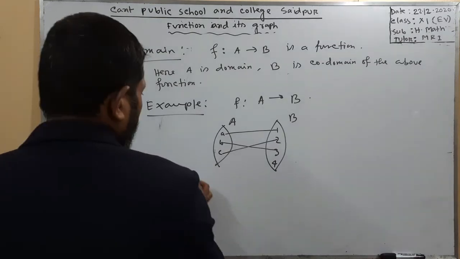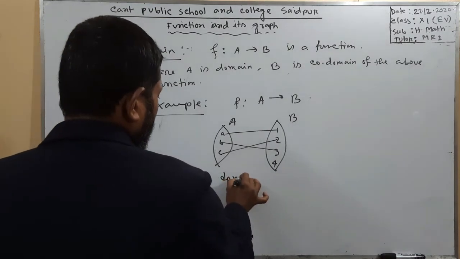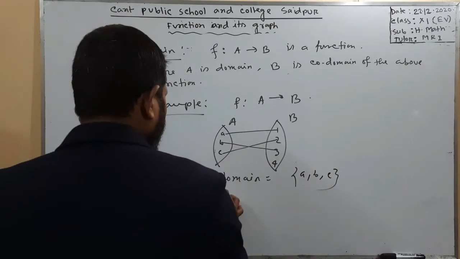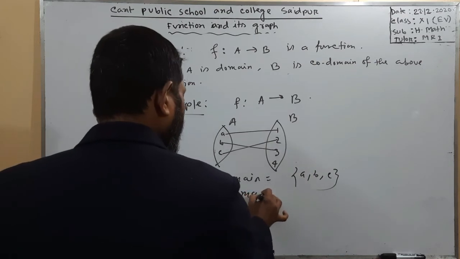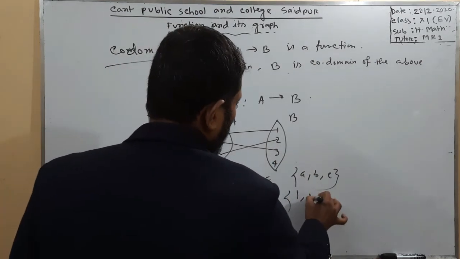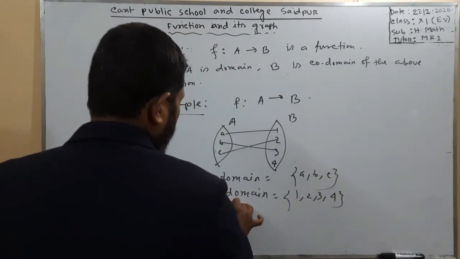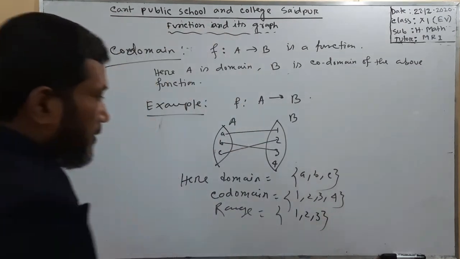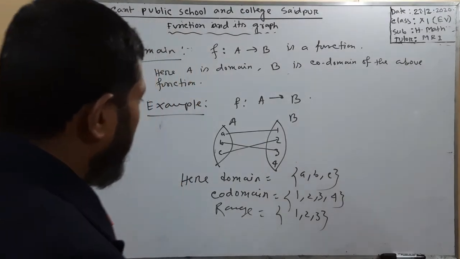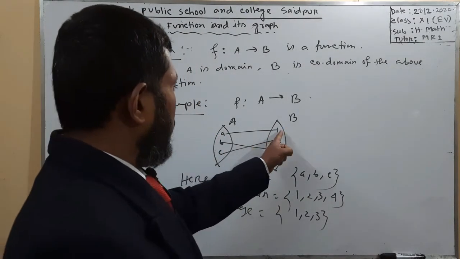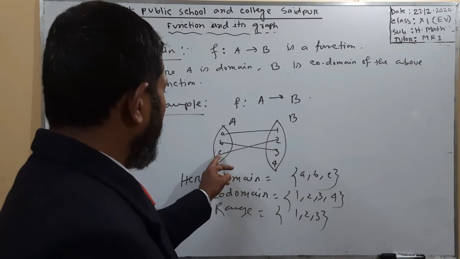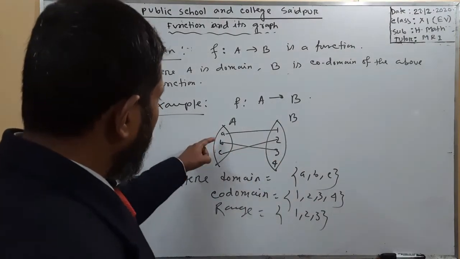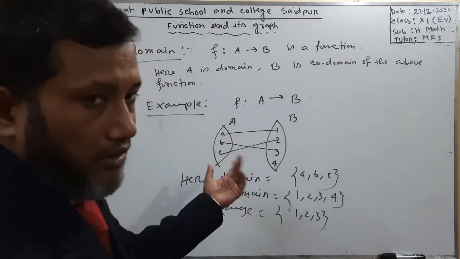Here the domain is a, b, c, and the codomain is 1, 2, 3, 4. The range is 1, 2, 3, because the image of a is 1, the image of b is 3, and the image of c is 2. So the images form the range of this function, and a, b, c is the domain of this function.